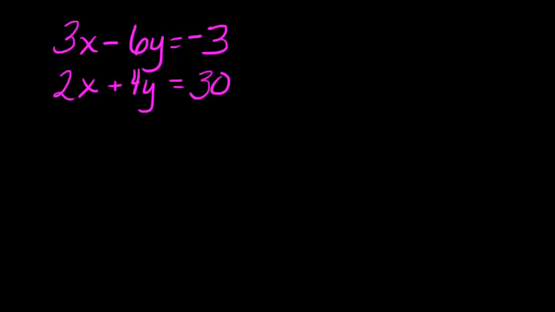So what I'm going to do is I'm going to multiply the top equation by 2, and I'm going to multiply the bottom equation by 3. Now there are other numbers you could choose to use, but those are the two I chose. They're the smallest ones I could see.